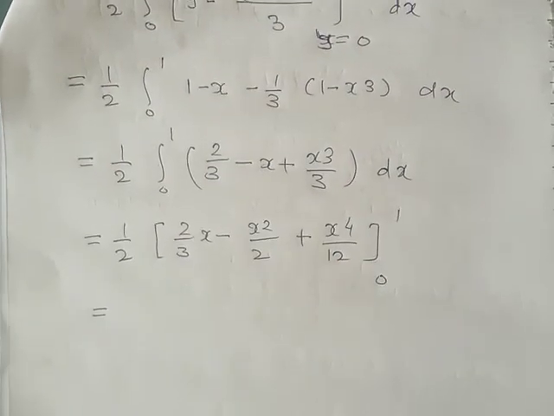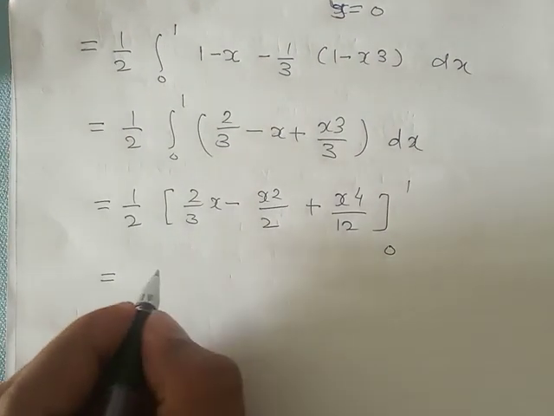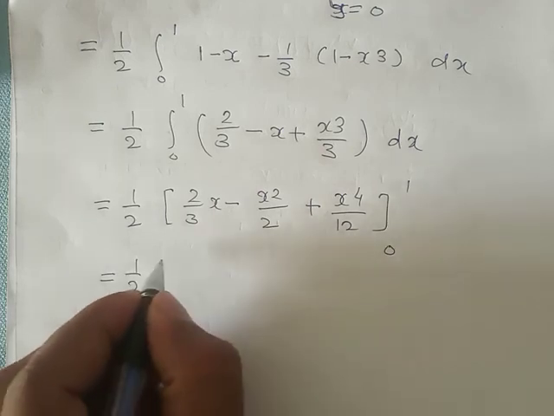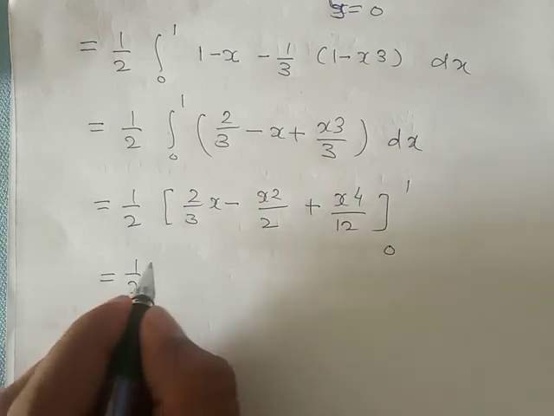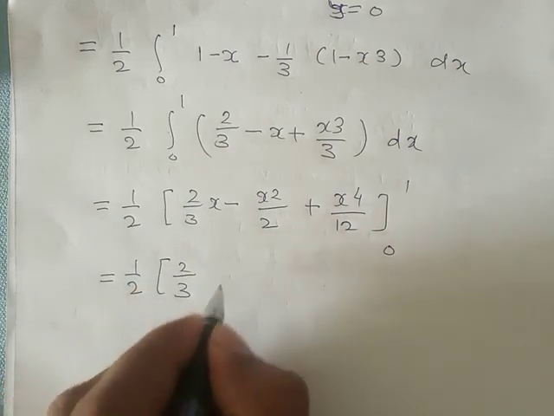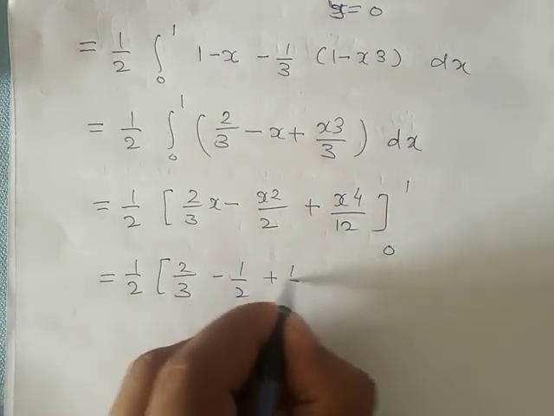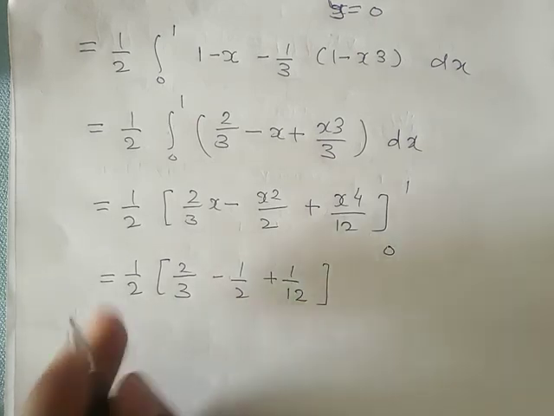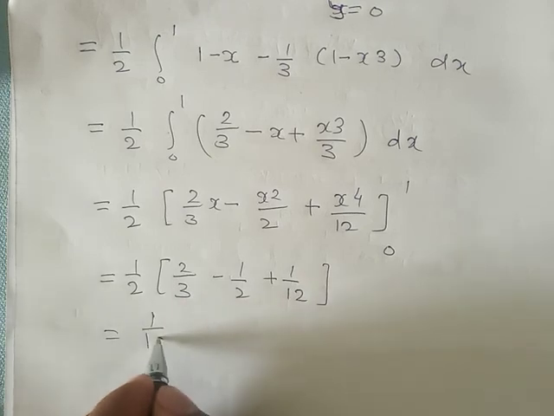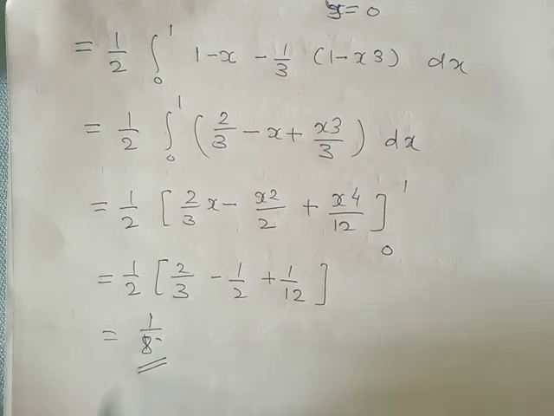This is equal to 1 by 2. And now if we substitute the value for x equal to 1 and x equal to 0, we get 2 by 3 minus 1 by 2 plus 1 by 12. And if we simplify this, we get 1 by 8.